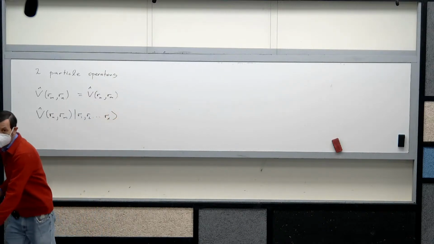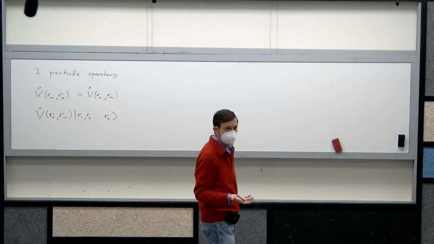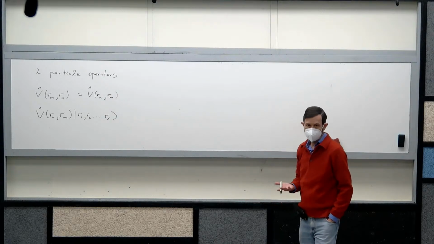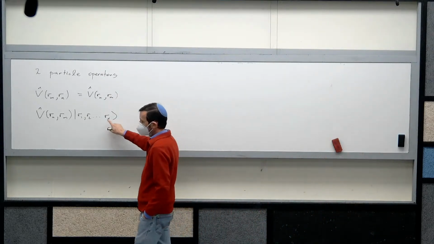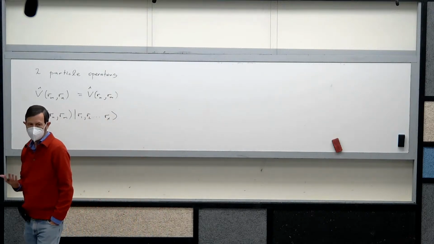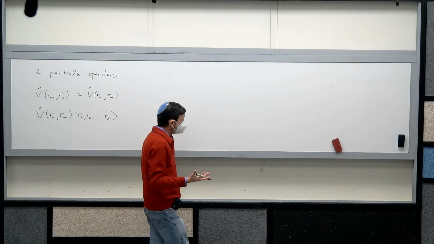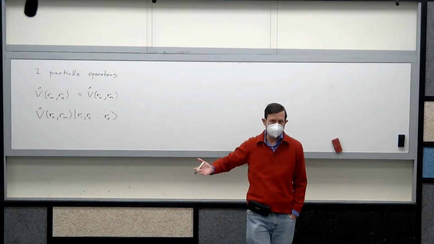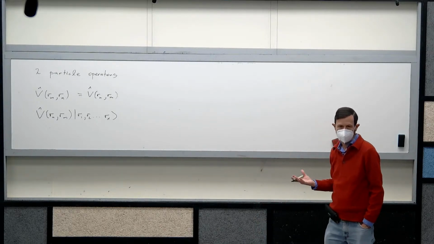Okay, what do I do with an operator? I use it on a vector. In this case, a many particle vector where I have capital N particles, and this is a state. One particle is at R1, another is at R2, and so on and so forth.